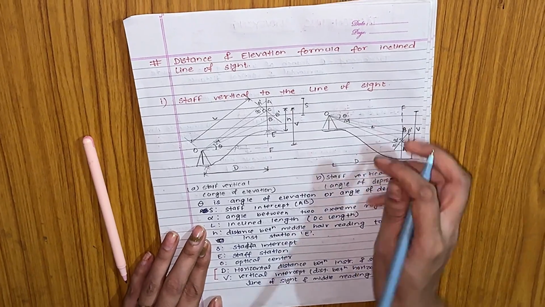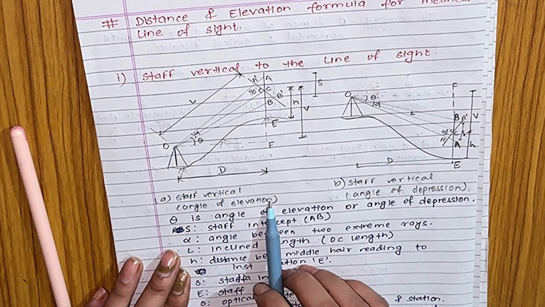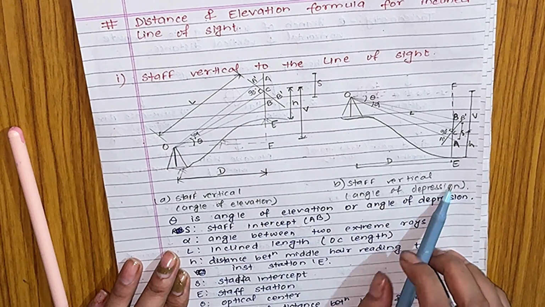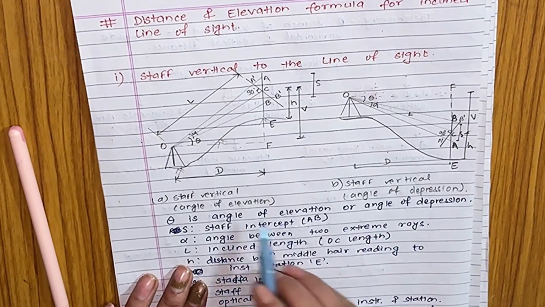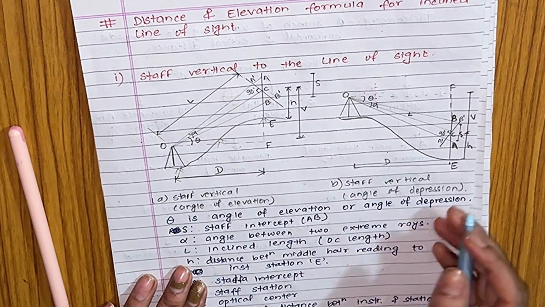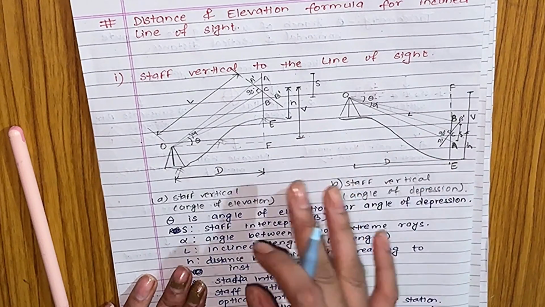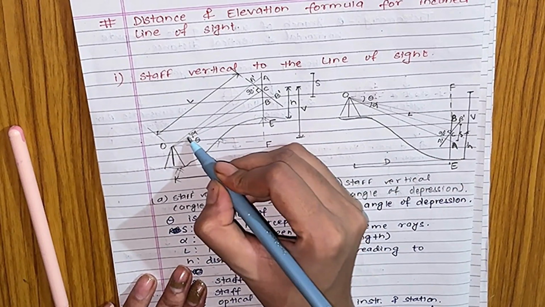If you can see in the figure, this is the instrument station, this is for the angle of elevation, and this is for the angle of depression, when the staff is on the lower side. Now theta is the angle of elevation or angle of depression, depending upon the conditions. Theta is the angle to the middle hair reading.